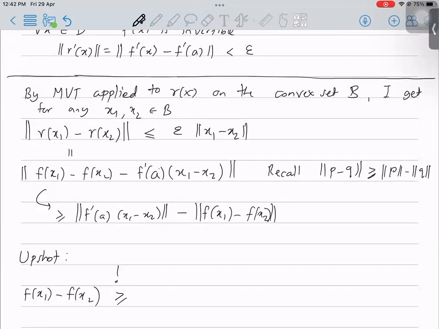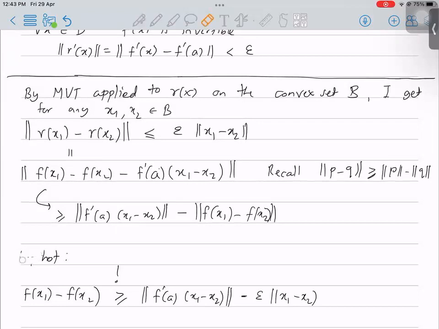Let's take a look. Now what do I get? F prime of a times x1 minus x2, and then minus r of x1 minus, exactly, minus this epsilon times x1 minus x2.